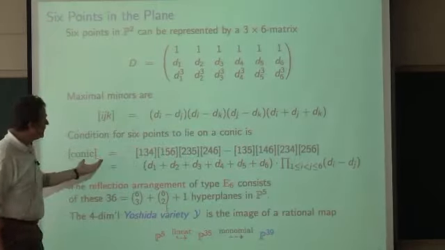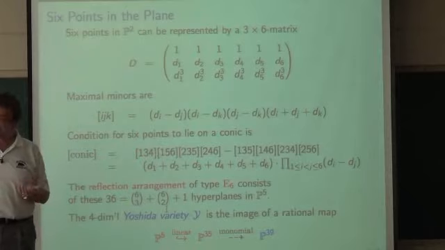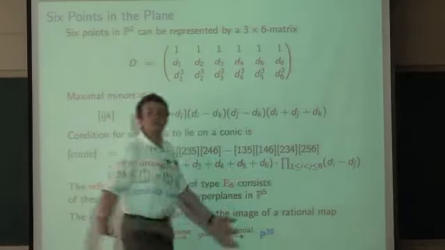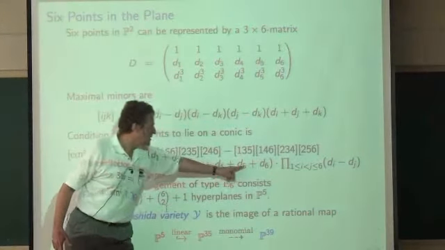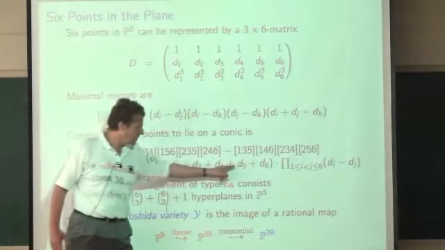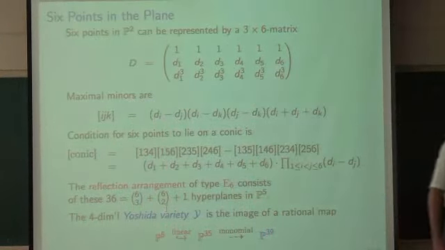Well, if you substitute in, this is a polynomial of degree 16, but it factors into 16 linear forms, namely those 15, the one we saw a couple minutes ago, times one more linear form, which is the sum of the d's. So if the points are distinct, then the vanishing of this sum of the di's is the condition for the 6 points to lie on a conic.